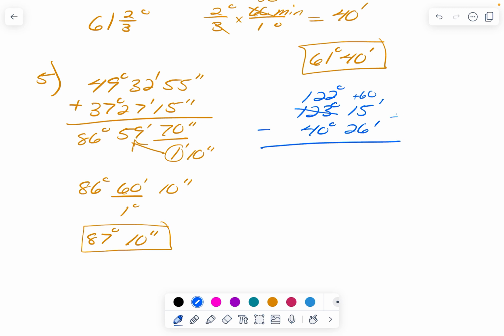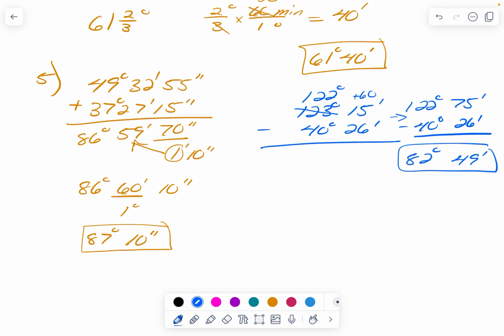So this turns into 122 degrees, 75 minutes minus 40 degrees, 26 minutes. Now when we subtract, we get 49 minutes, 82 degrees.